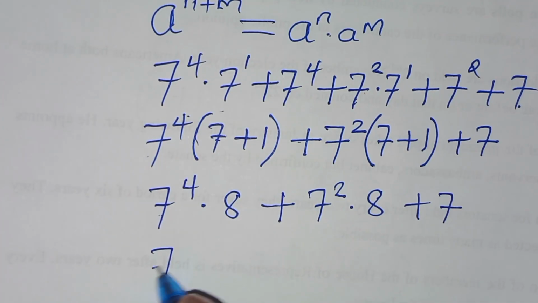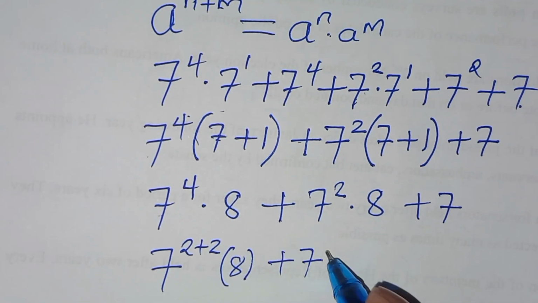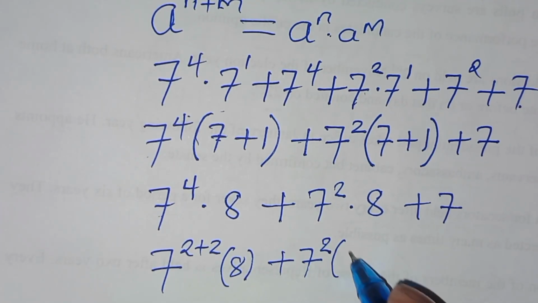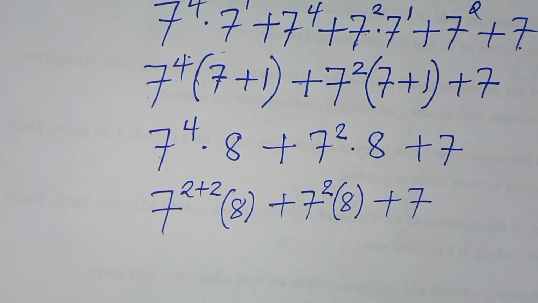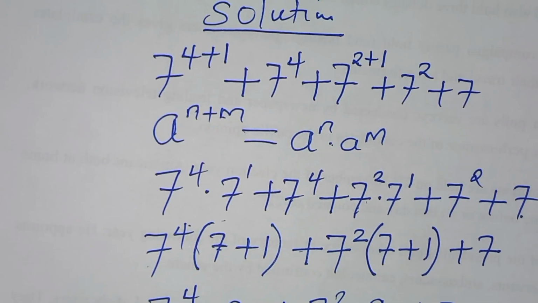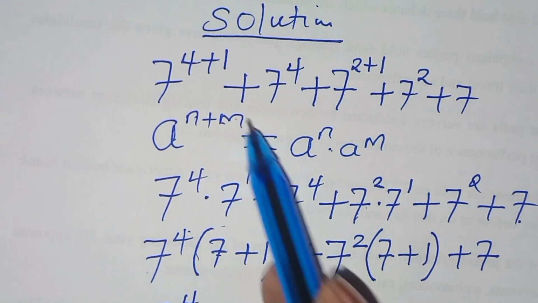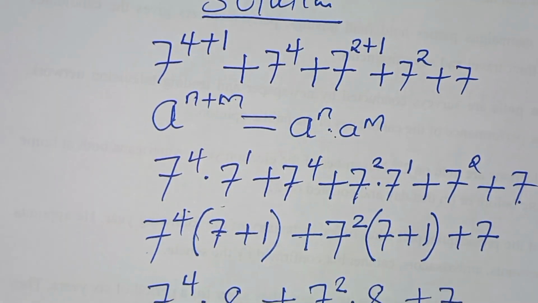We can express 7 to power 4 as 7 to power 2 plus 2, then multiplied by 8 plus 7 squared multiplied by 8, then plus 7. Now, 7 raised to power 2 plus 2 is in the form of a to power n plus m, which you can transform as a to power n times a to power m.